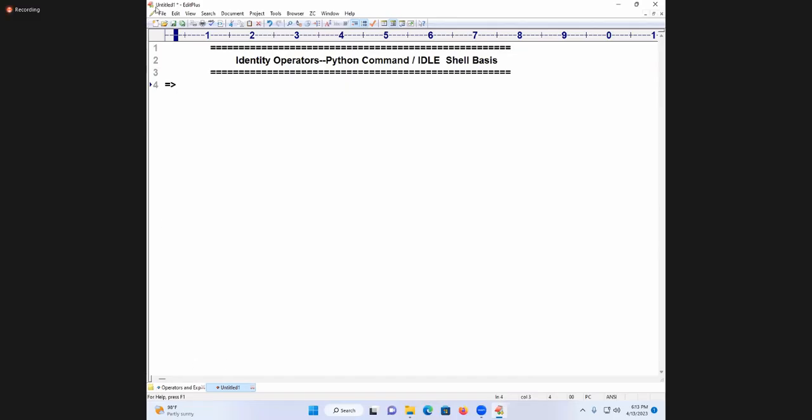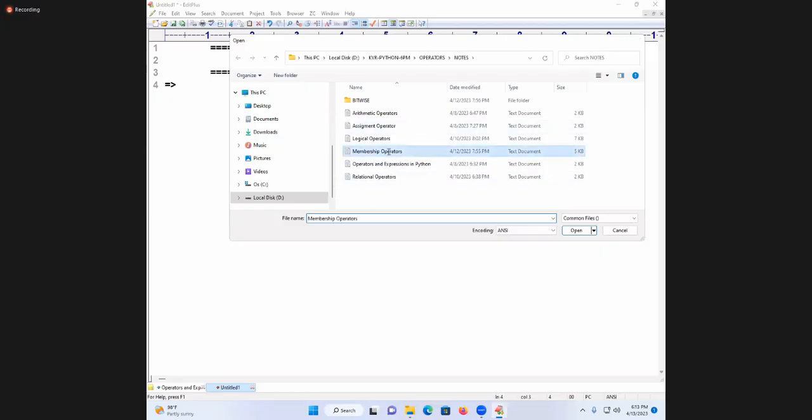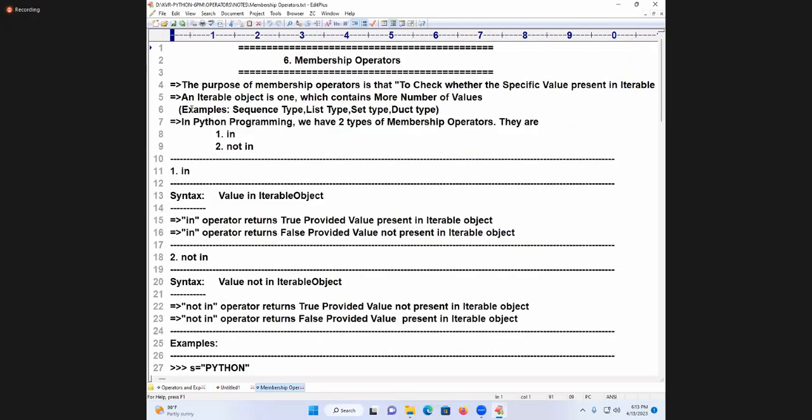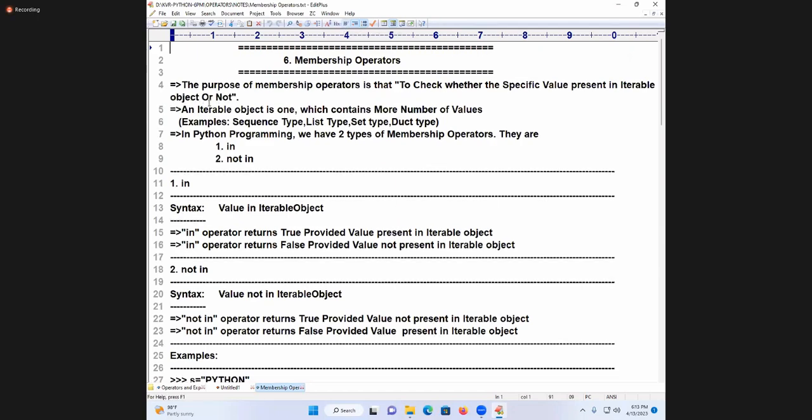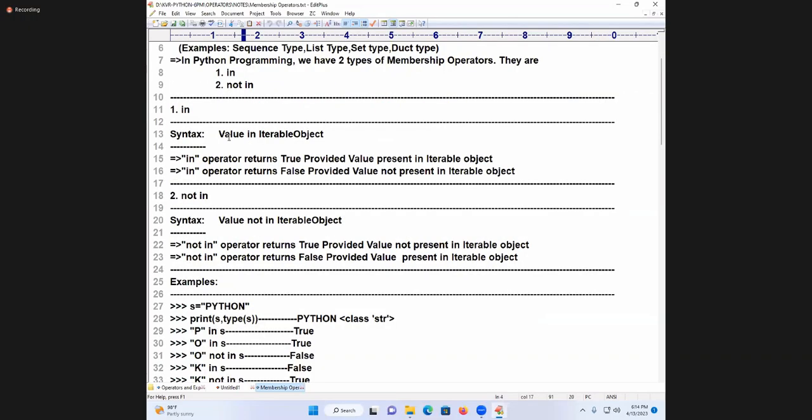What is the use of membership operators, guys? To check whether the value is present in the iterable object or not. The syntax is: value in iterable object.